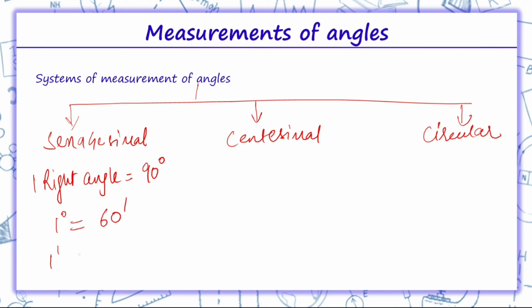Then each minute is further divided into 60 equal parts, which are 60 seconds, denoted by double commas.